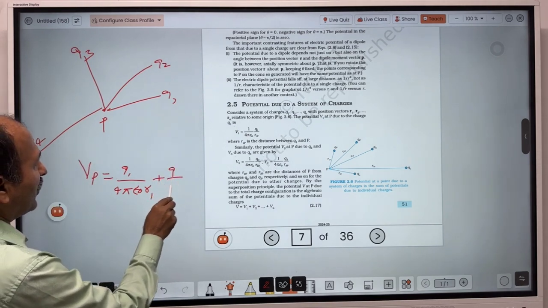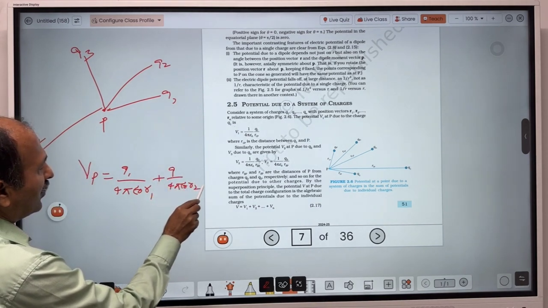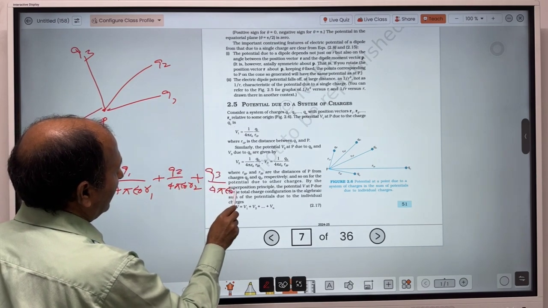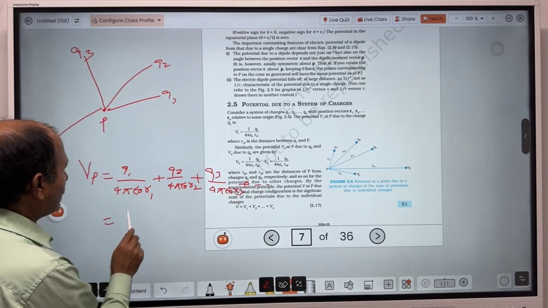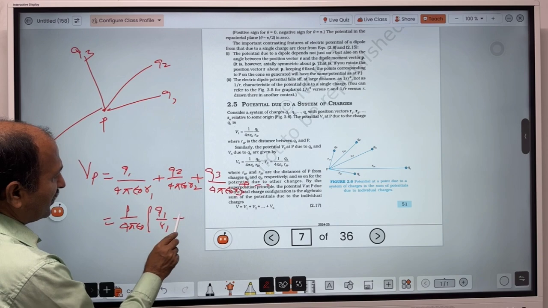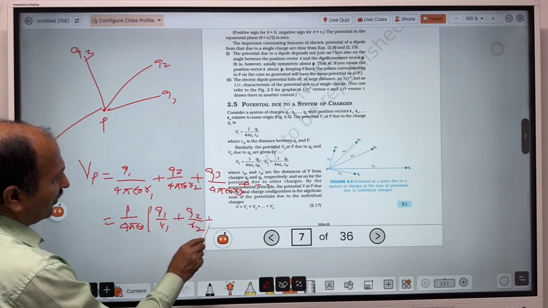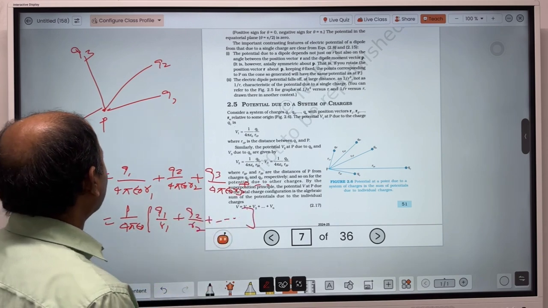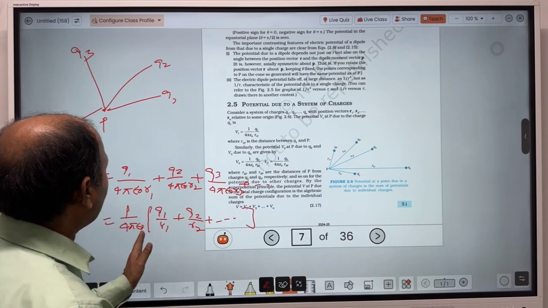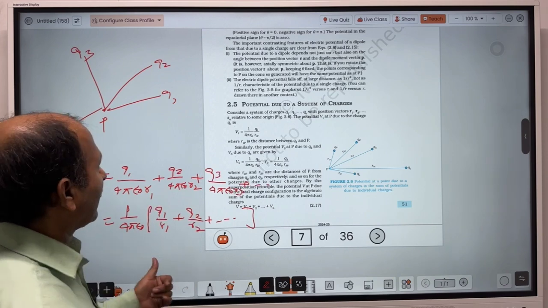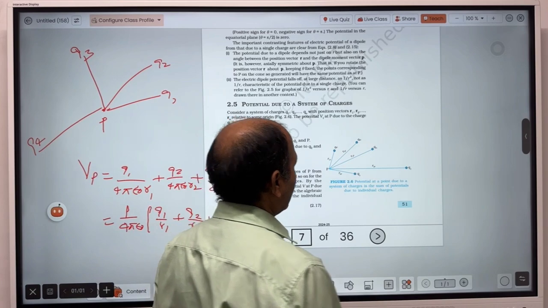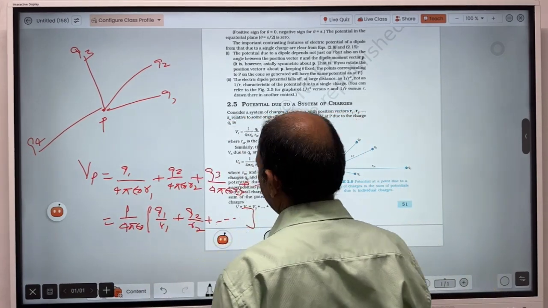Similarly, Q2 upon 4 pi epsilon naught R2 plus Q3 upon 4 pi epsilon naught R3 and so on. Or you can take out 1 upon 4 pi epsilon naught and write Q1 upon R1 plus Q2 upon R2 and so on. But keep in mind that the charge must be taken with its sign. If the charge is negative and you take only its magnitude, that would be wrong. The sign of the charge is important here.